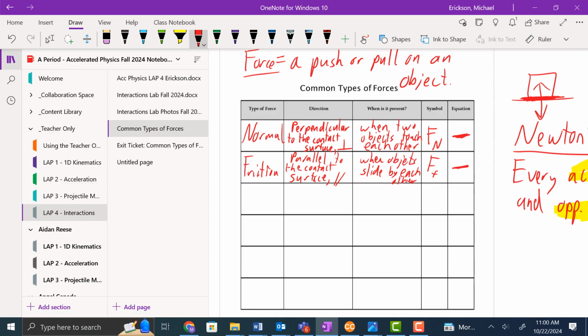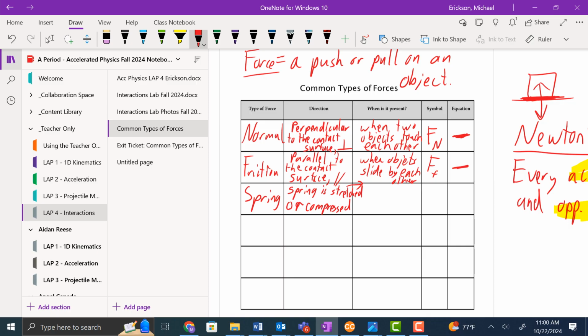Alright, the next one. If you remember that rubber band, a rubber band's actually a spring. Whenever a spring is stretched or compressed, that's when you have it. Sorry, this should be over here.